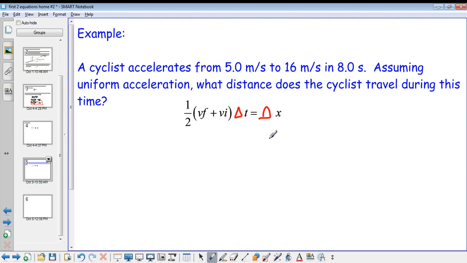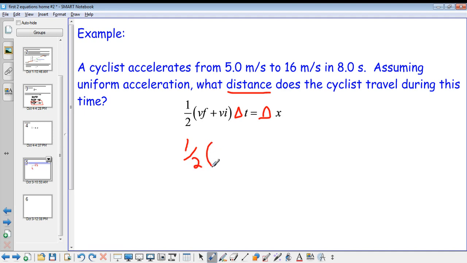And since we want to find the distance, or the displacement in this case, we can see that the equation has already been rearranged so that distance or displacement is isolated. So I just fill in the blanks. I know what that is, so I can fill it in.